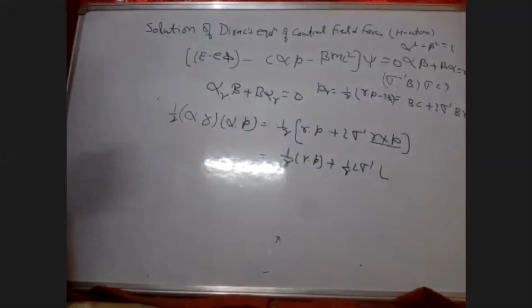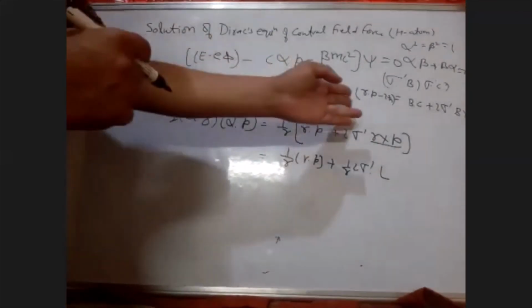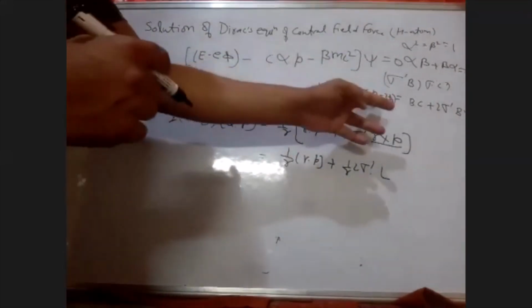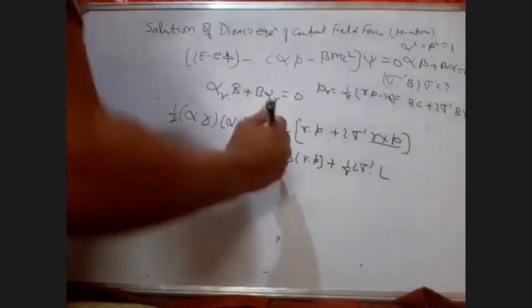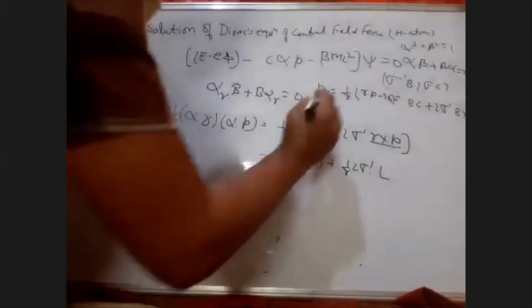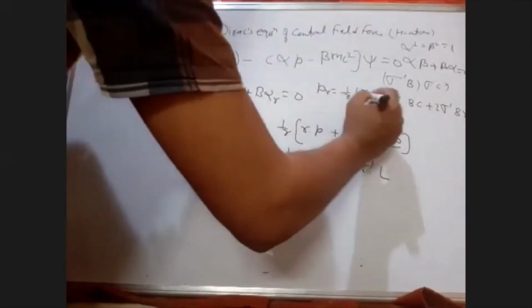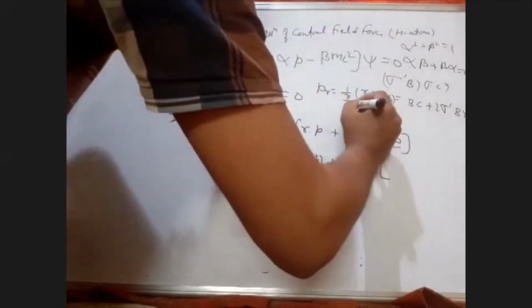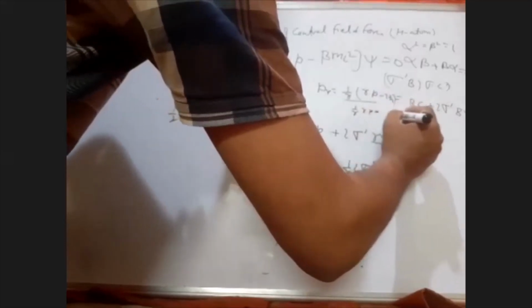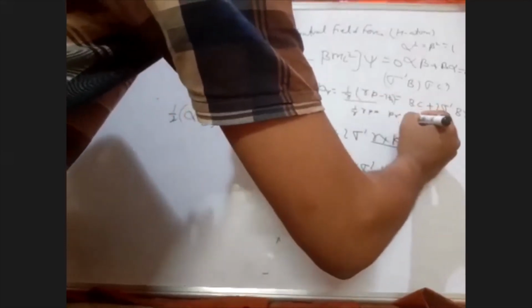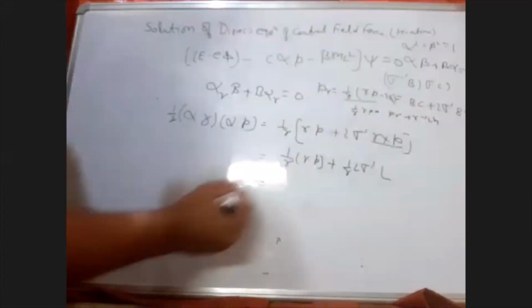Or we can calculate r dot p from here, 1 upon r, r dot p, and put the value in this equation. That is, 1 upon r, r dot p is equal to pr plus r inverse i h cross.